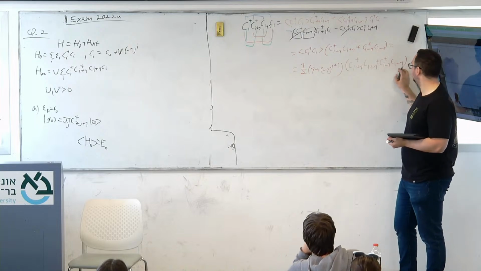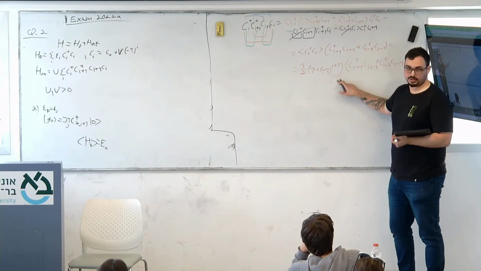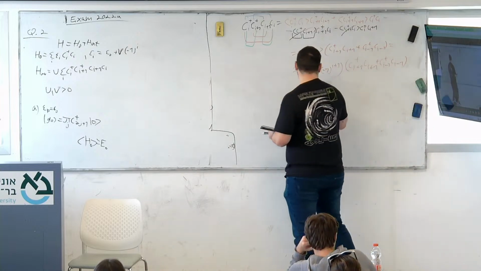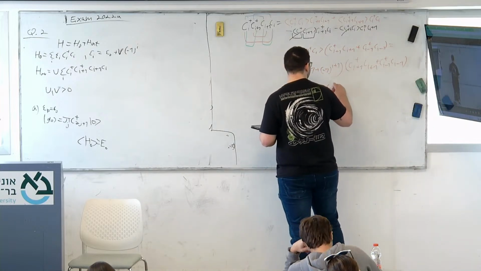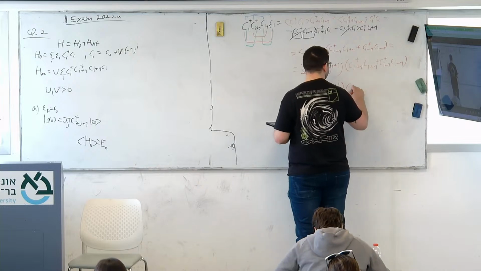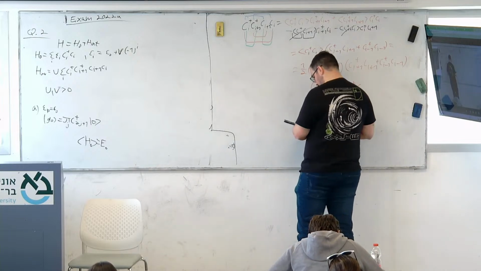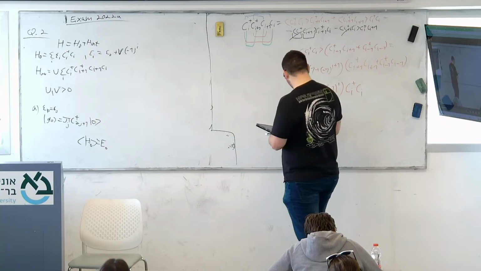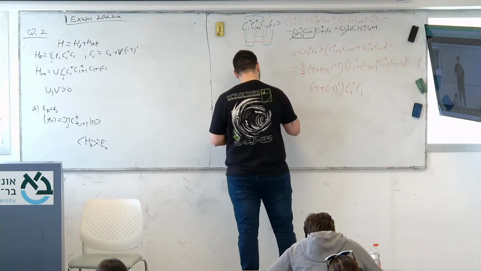And moving I by 2 will not change the beginning here, so we'll just get 1 plus minus 1 to the power of I, Ci dagger Ci, and we see the change in H.